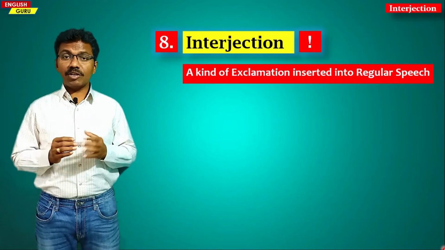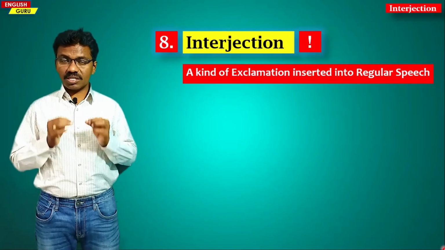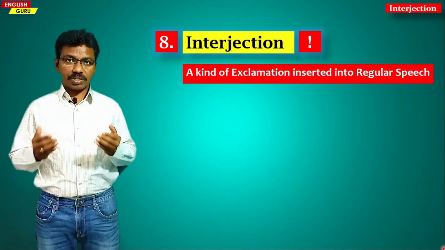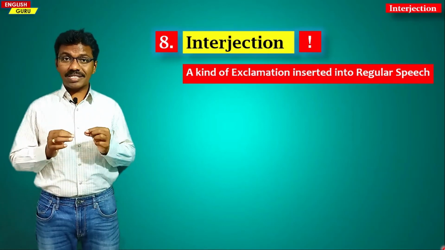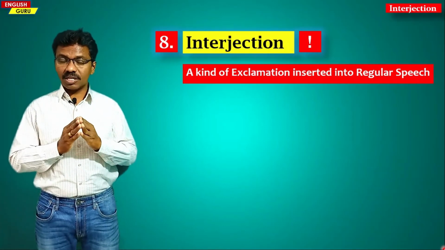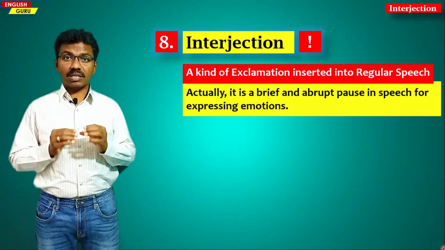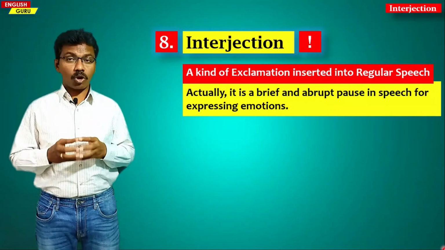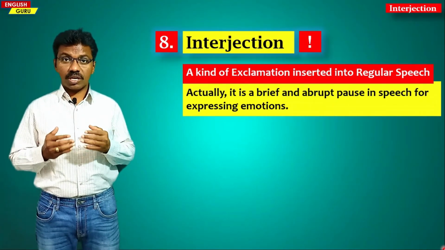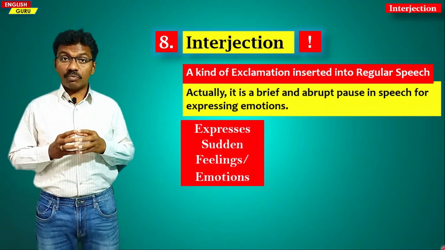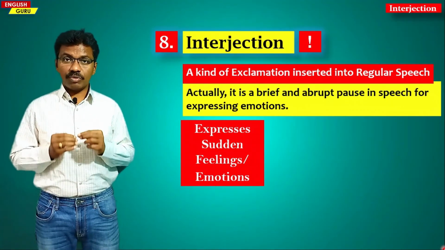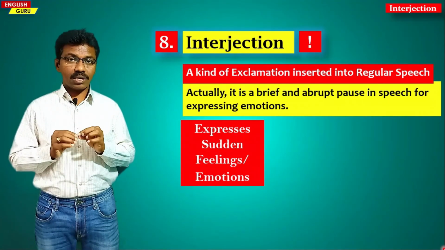Interjection is a kind of exclamation which is inserted in a regular speech. So when you are talking, you insert some kind of words. Those words are called interjections, and they are actually brief and abrupt pauses in a speech expressing some kind of emotion. We have so many emotions, we use them abruptly in the speech.